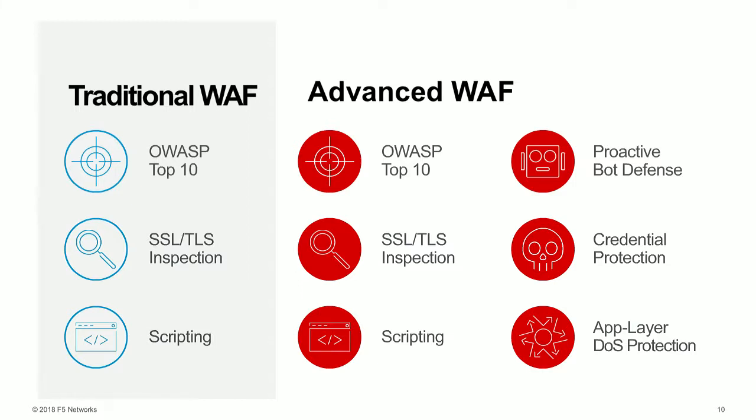But what's also very cool about what F5 is doing with the Advanced WAF is the application layer DOS protection. So this is a real layer 7, and this is when you think about all of the technology that F5 has with its application delivery and application health capabilities, and being able to apply that to understand if an application is under stress and what is causing that stress, and being able to address that at the WAF.